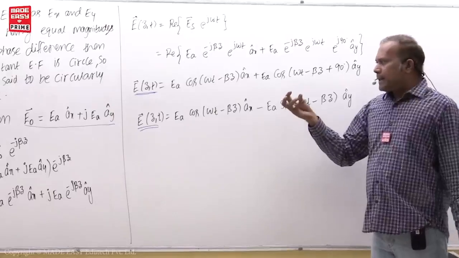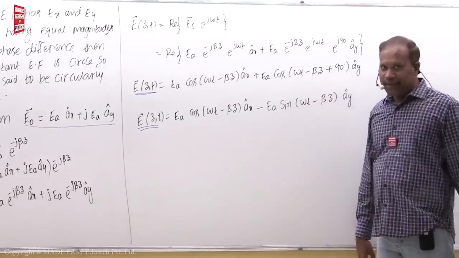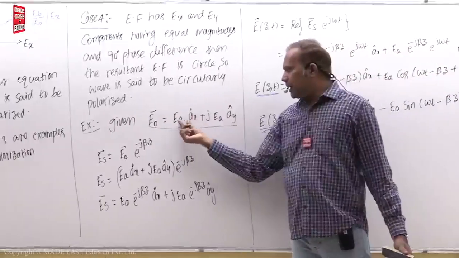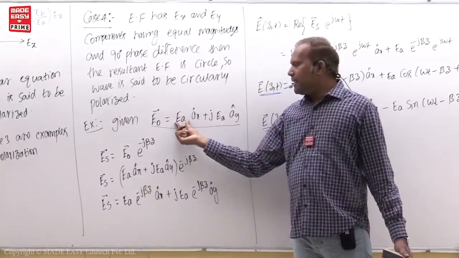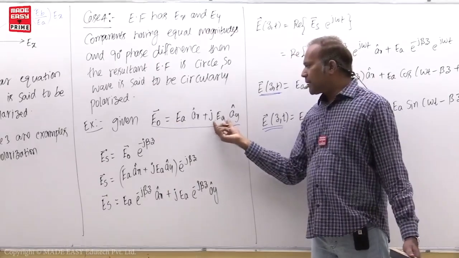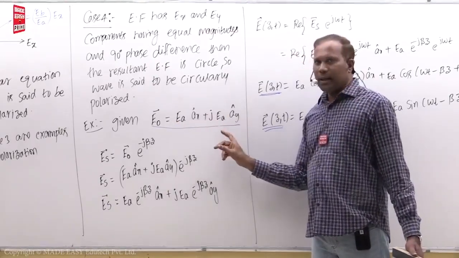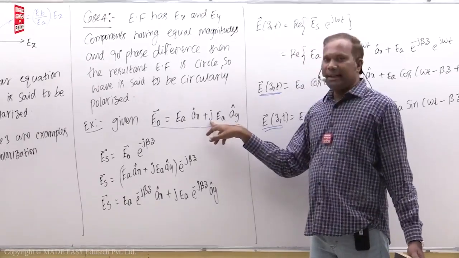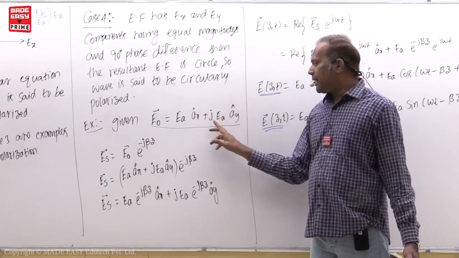Now the statement is also the same, you see carefully. The electric field has an x component, magnitude EA. The electric field has a y component, magnitude EA. So the same magnitudes are there. But this y component, j means 90 degrees. So the y component phase is 90 degrees.